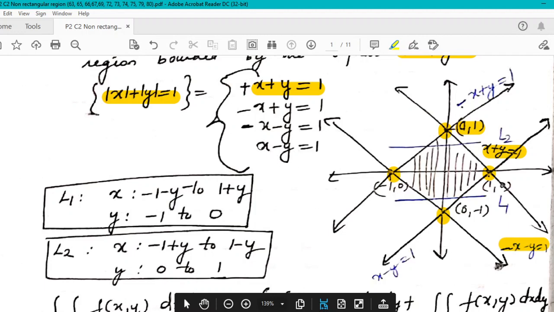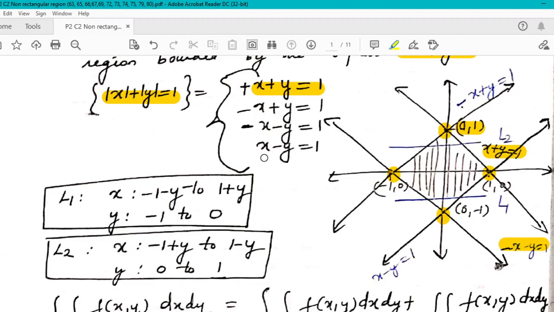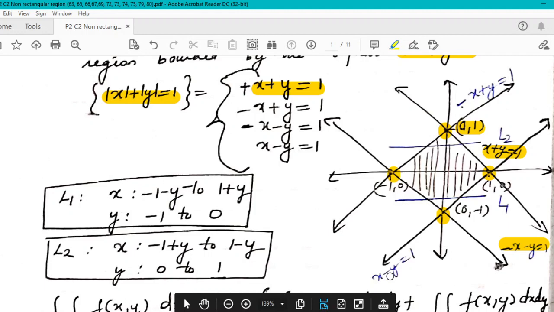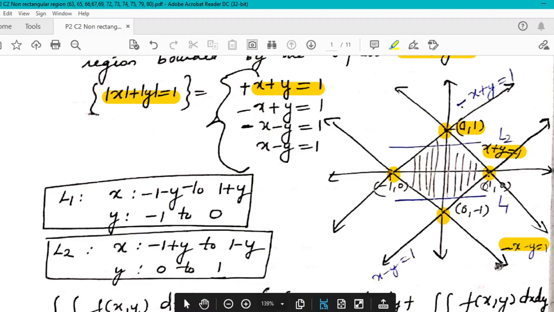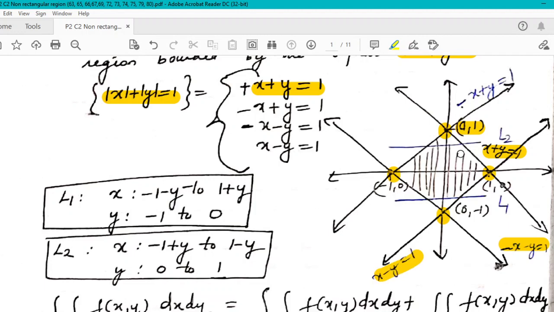Similarly, for x − y = 1, put x = 0 and you get y = −1, and put y = 0 and you get x = 1. The line joining these two points is x − y = 1. So our region is bounded by these four equations. This square is our region.